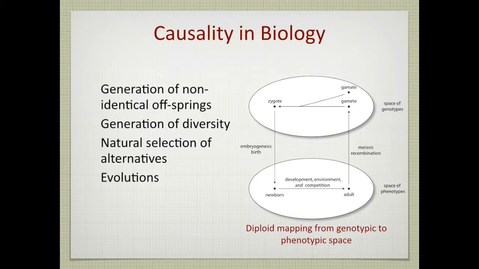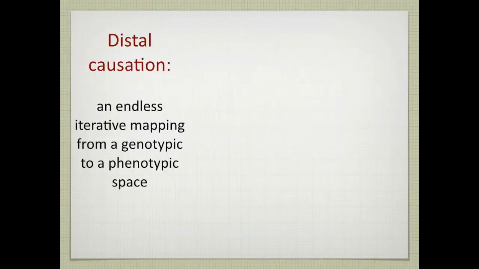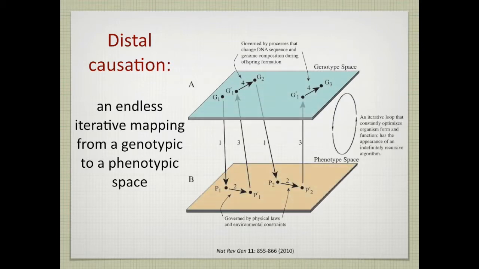It develops, it grows, and if it can successfully reproduce, it shoots an alternative back into the genotypic space. You have another combination, and the loop goes around and around and around. So you can think of distal causation in biology as this endless loop that is constantly iterating between the space of genotypes and the space of phenotypes.